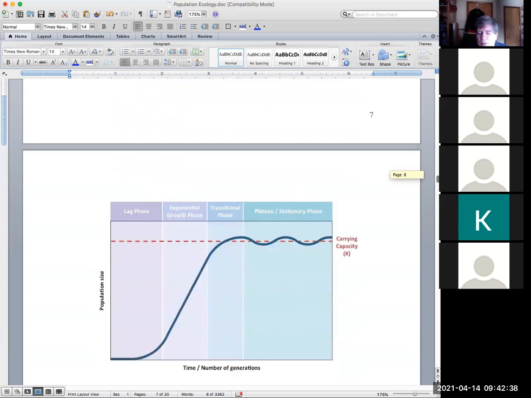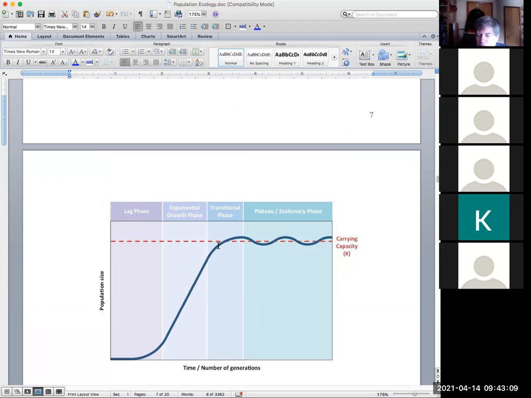A second possibility is we see a population that shows an oscillating curve. Notice again, the carrying capacity is shown on this graph, and it's not something we measure. It's something that we infer by looking at the population numbers over time. We'll come back to what these different phases are in a moment.